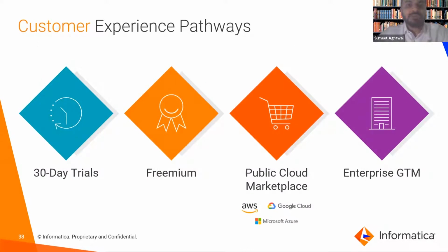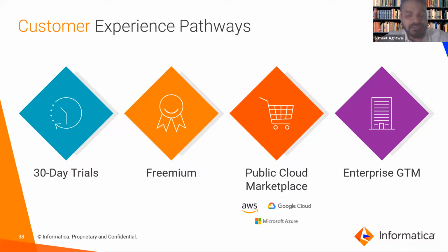And we also offer multiple experience pathways. So if you want to get started with IICS, we offer all these different ways of accessing our software. We offer 30-day trials, and I'll share the links just after in my last slide. We also offer freemium. So we offer Snowflake freemiums. If you are using Snowflake, within Snowflake, we have a Partner Connect program where Informatica IICS is listed. So you can use Informatica from Snowflake from the Partner Connect program also.